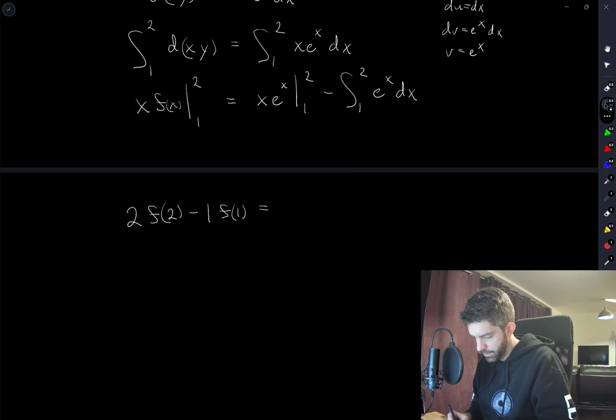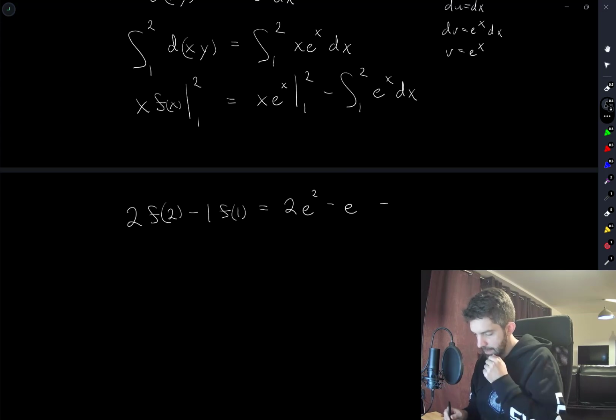On the right here, I've got 2 e squared minus e minus the integral of e to the x from 1 to 2. This is going to be e squared minus e.